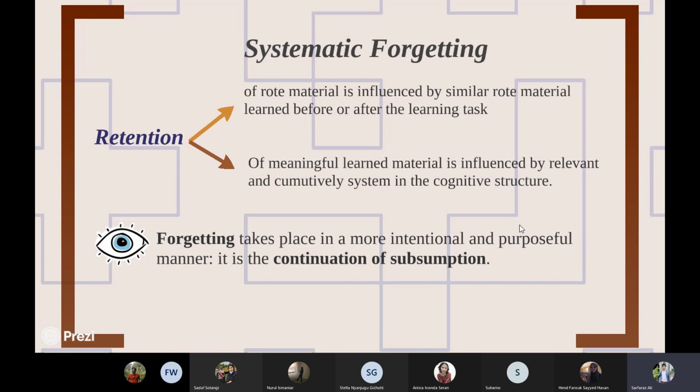So when we relate the remembered material with the current scenario, we come to know these are the root causes of the problems in both types of learning, rote and meaningful. Forgetting takes place in a more intentional and purposeful manner. It is the continuation of subsumption.